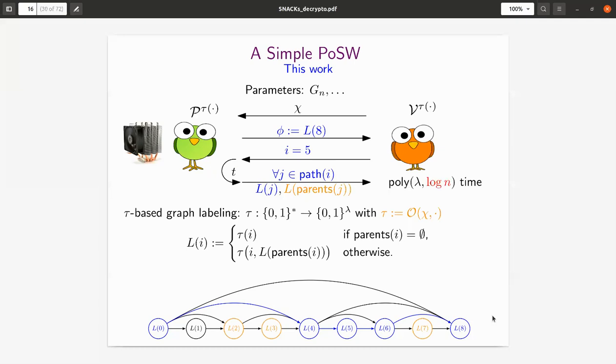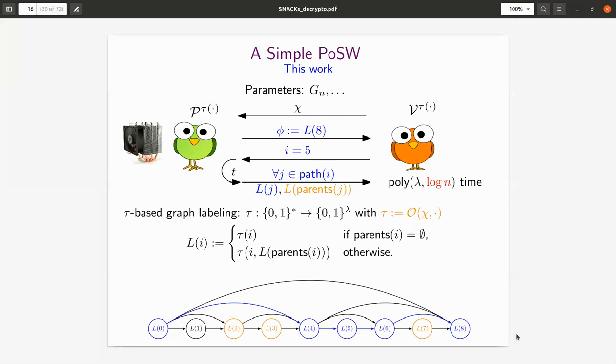Okay, so this is the simple construction. Of course, this is a simple example in which you can see that the prover gives almost all the labels of the graph, but this is because the example is short. Remember that if you have a graph like this, the shortest path will be logarithmic in n, where n is the number of nodes here.